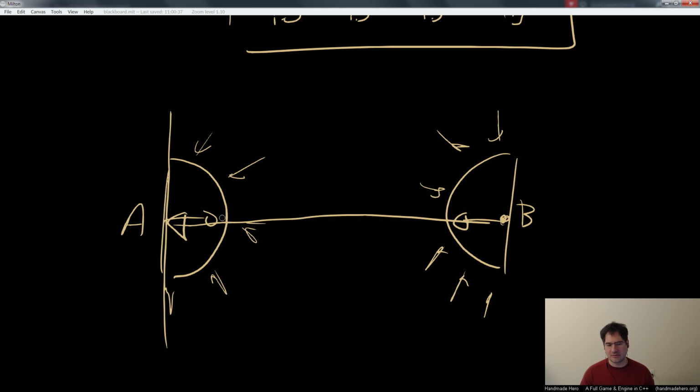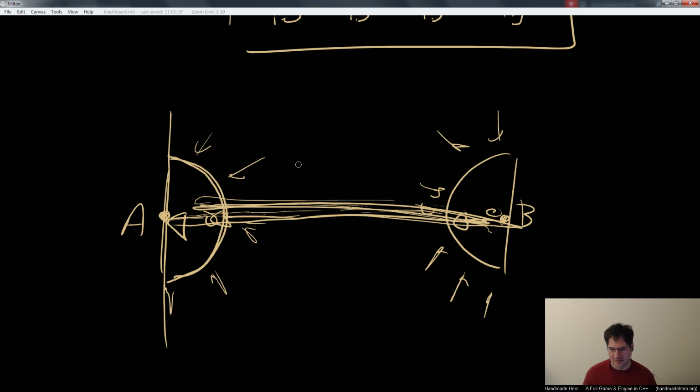Well, in order to produce a hemisphere of light, I need to know what light came in from this direction. What light comes in that direction? Well, it's whatever A reflected in that direction. Okay, let's compute what A reflected in that direction. In order to do that, I have to produce a hemisphere of light. In order to produce a hemisphere of light, I have to know what light is incident on A, for example, in this direction. And it's B, and A, and B, and A, and it wouldn't even ever terminate, right?